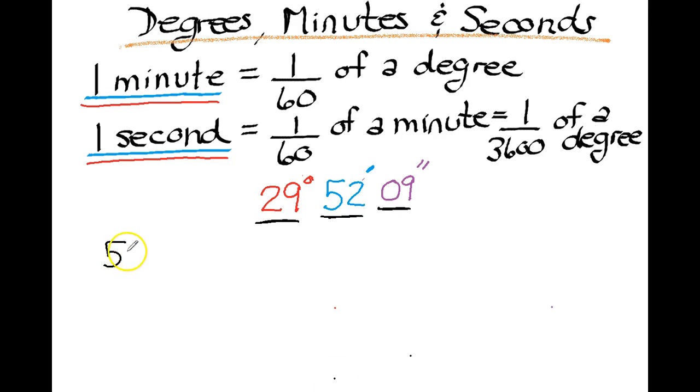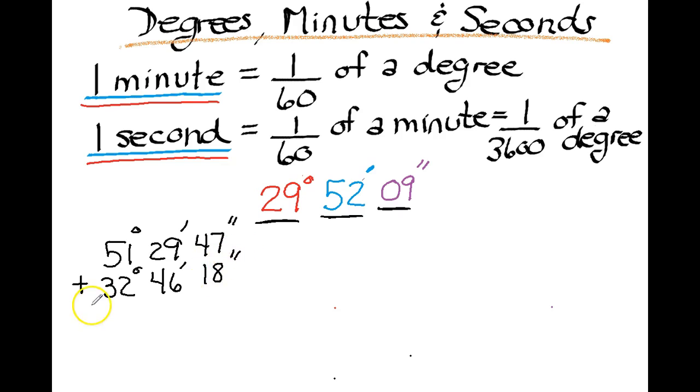If we have 51 degrees, 29 minutes, and 47 seconds, and we want to add to that 32 degrees, 46 minutes, and 18 seconds, we always start on the right-hand side and we start adding down.